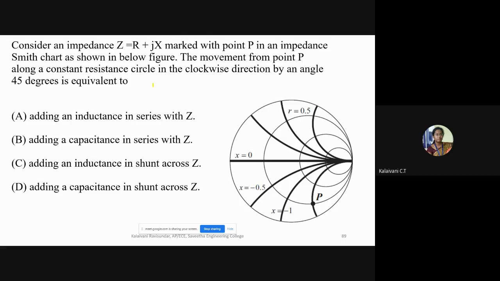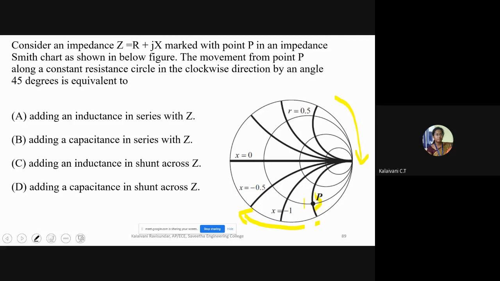So the question is very simple. They have given a point P, here is the point P. We have to move in the clockwise direction along the resistance circle by 45 degrees. So the clockwise direction is this. From here I have to move 45 degrees.